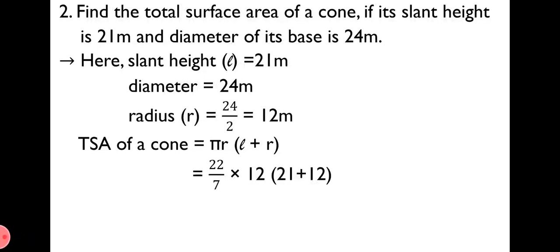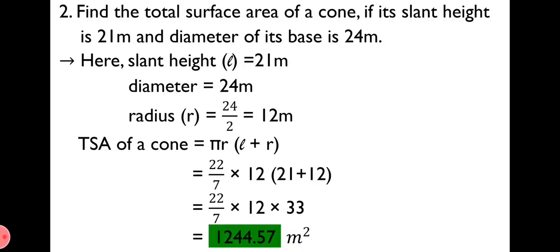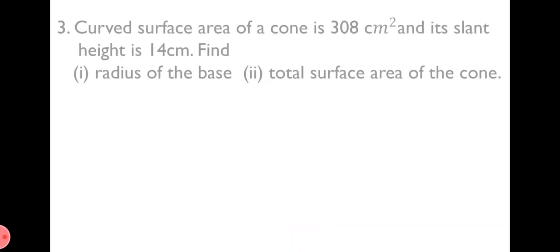Therefore we solve further, equal to 22 upon 7 into 12 into 33, because 21 plus 12 is 33. Further solving we get 1244.57 meter square. Therefore, total surface area of a cone is 1244.57 meter square.